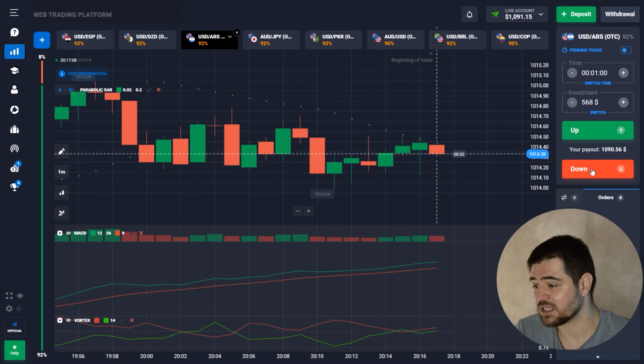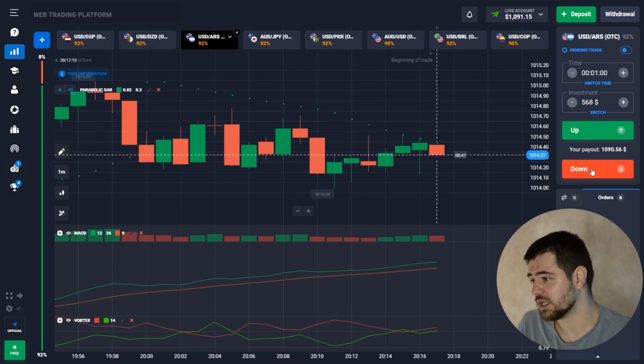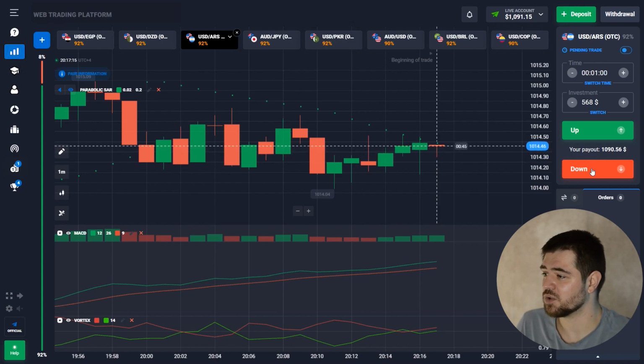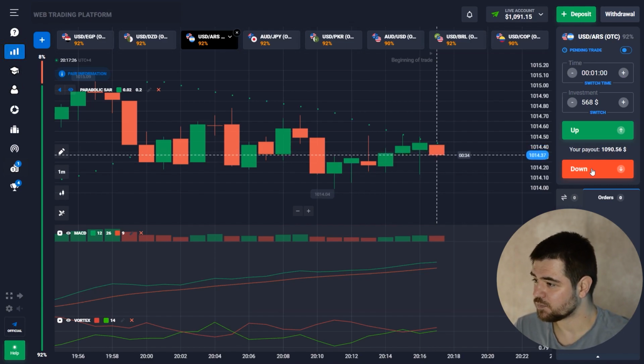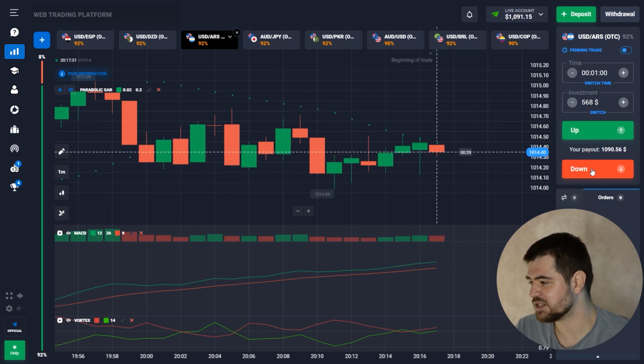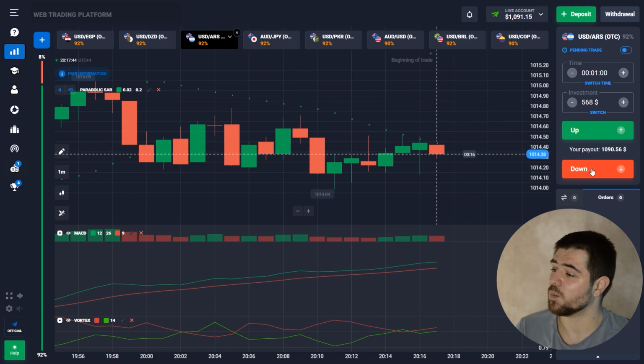We're gonna use 1,000 on our investment, so it will make us at least 90% of the payout with our next option. So let's head to the next currency, and we are going to use that 1,000 on it.